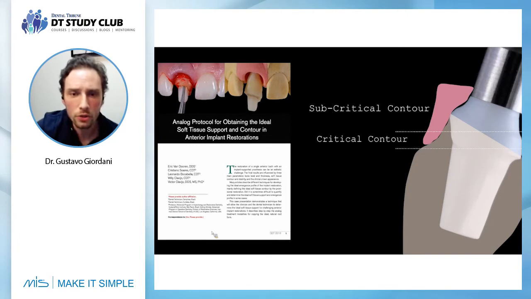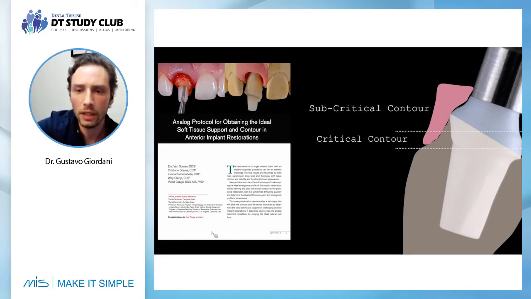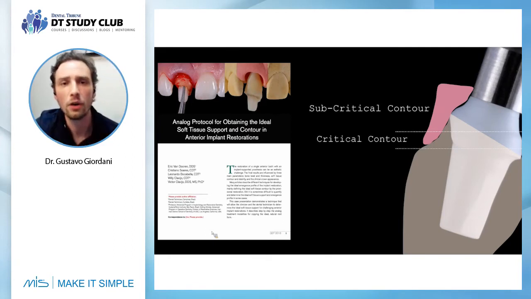So what do we need to do now? We need to copy the critical contour. We need to copy this first millimeter subgingival. This first millimeter subgingival is the critical contour. And this we need to support in a very good way, and try to copy as much as you can the root of the patient.